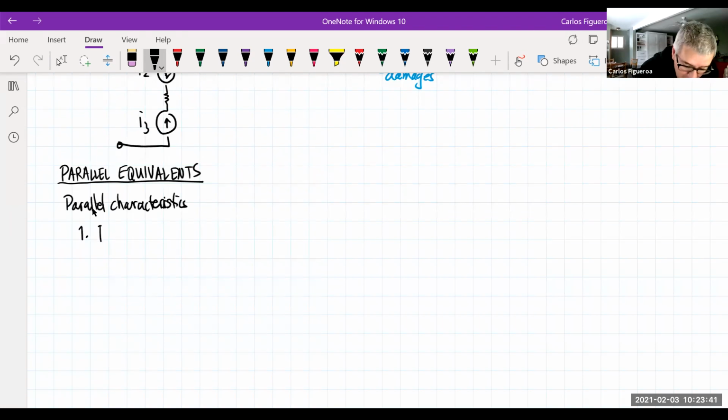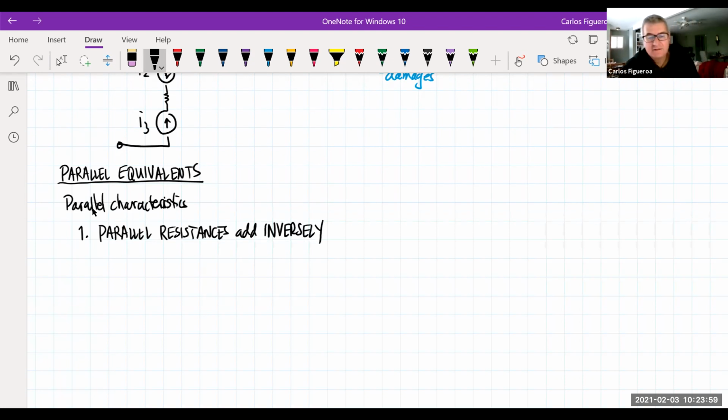One, parallel resistances add inversely. So how do they add inversely? When you look at the resistance equation, when you add parallel resistors, you're adding areas instead of lengths.